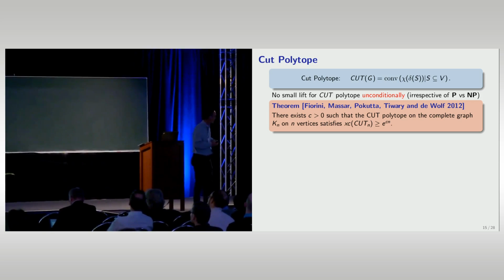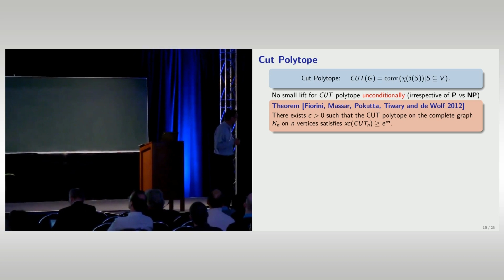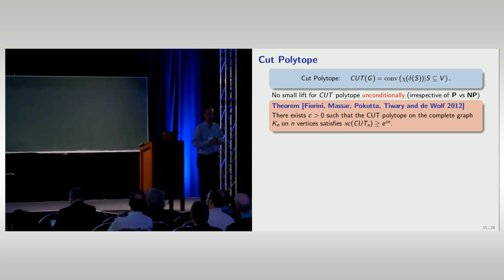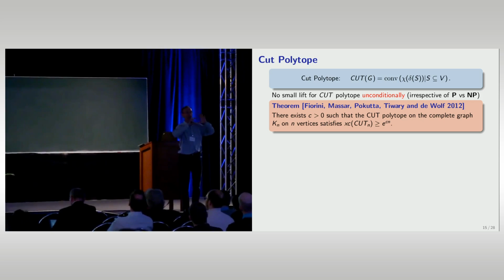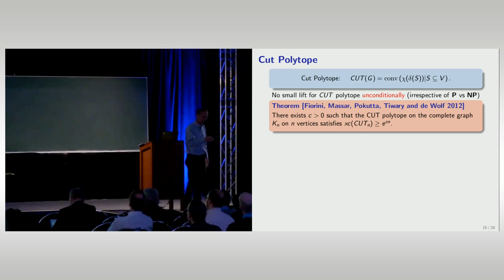Another very significant result in that line of research was that irrespective of whether P is equal to NP, there is no lift of the cut polytope that has fewer than exponentially many facets. So we cannot expect to write a polynomial size linear program and optimize over it. That's out of the question.